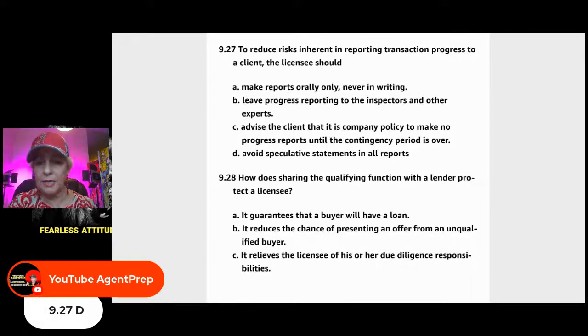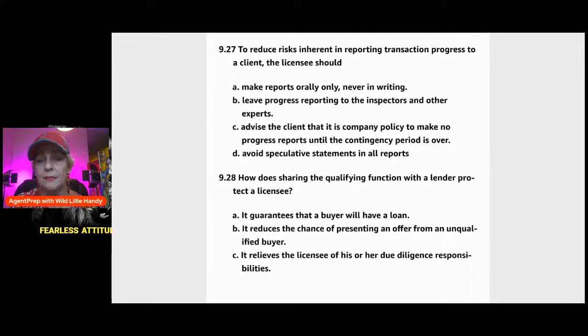Okay, so the answer was D. So Anaí, you answered B, leave progress reporting to the inspectors. No. Reporting transaction progress. So we have a transaction, a deal, an executed contract. Okay, so that's a transaction, right? So we have the transaction documents and we want to get updates from the lender, updates from the title company, and stay in touch. Sometimes we have to really follow up a lot with lenders and title companies. Not all lenders are the same. Not all title companies are the same, just as not all realtors are the same. Everyone runs their business differently.